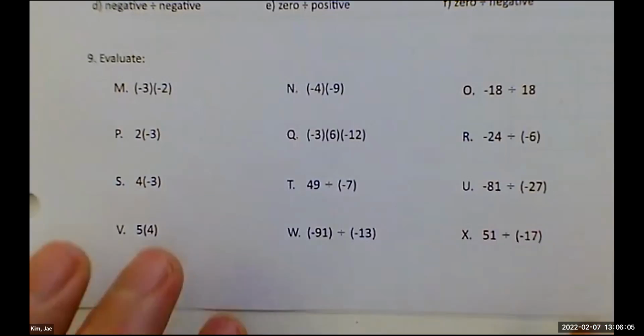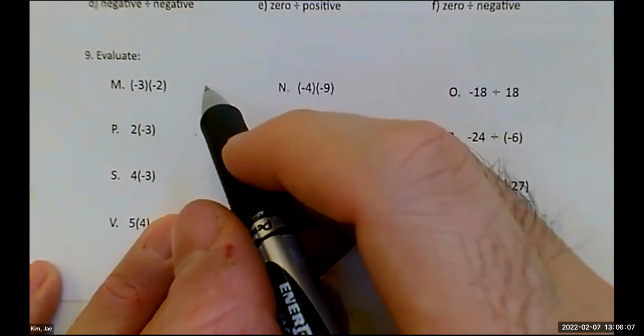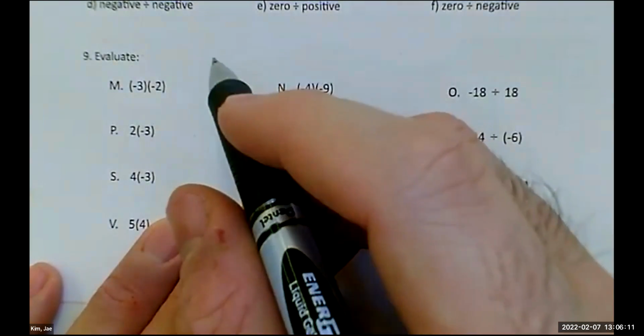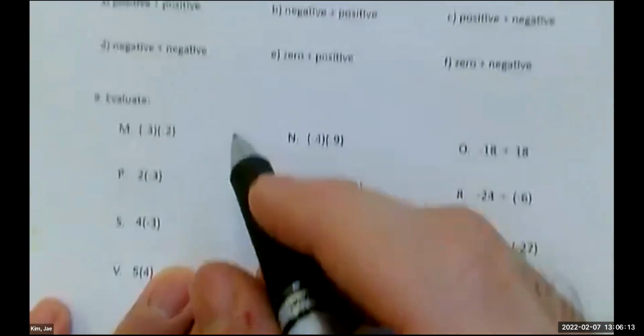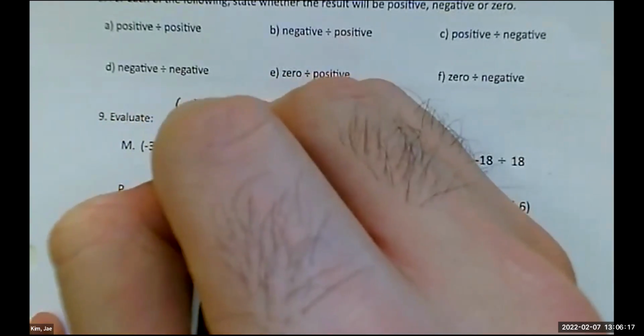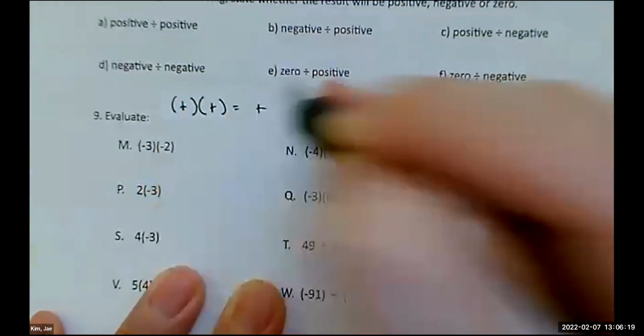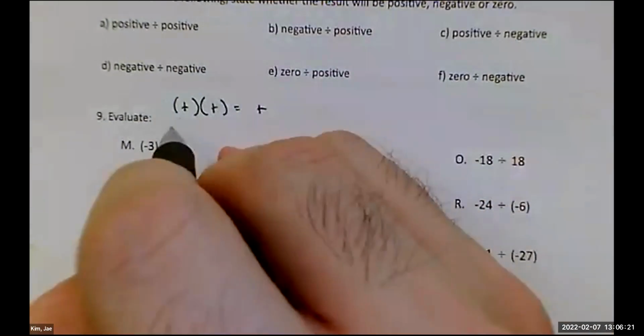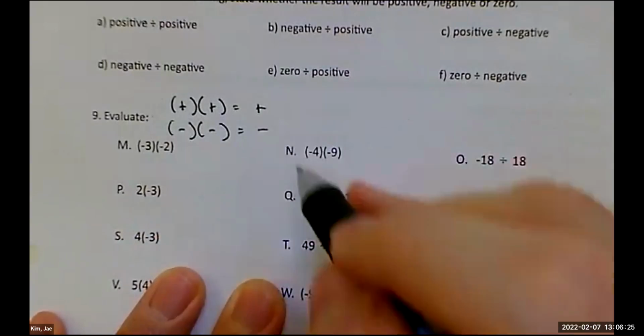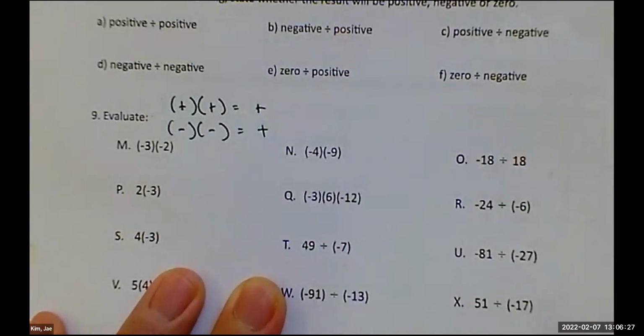You have learned in the past, just by memorization, and I think it actually is easier to do it this way. I could be wrong. You've been taught that if you have same signs multiplying, the answer is a positive.